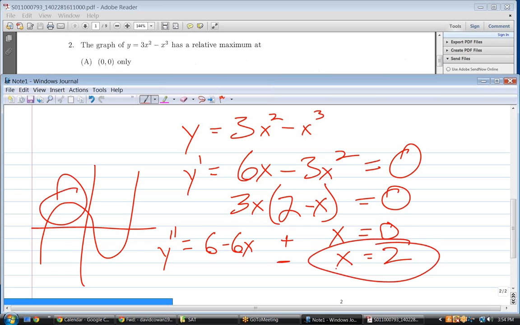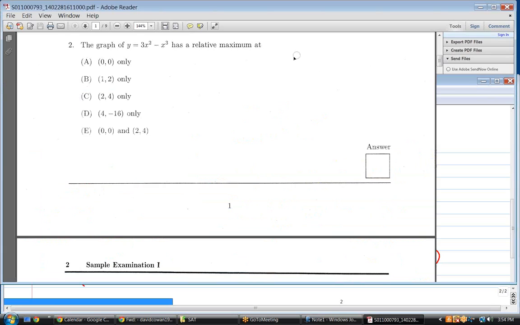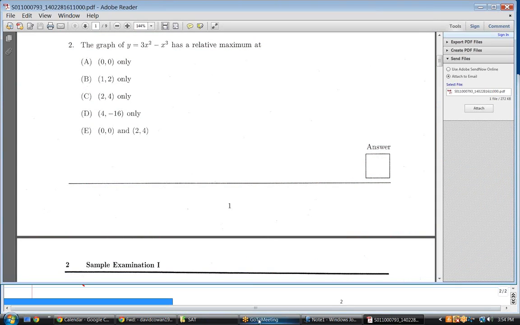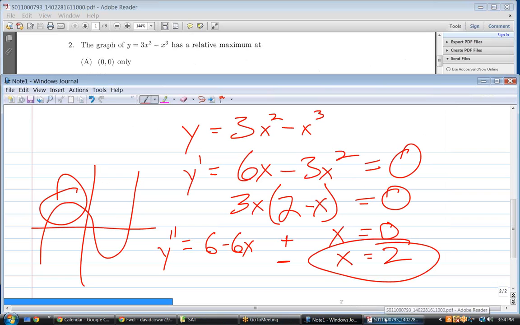So x equal 2, let's see, when x is equal to 2, what's y? We have 3 times 4 minus 8, so the coordinates are 2, 4.